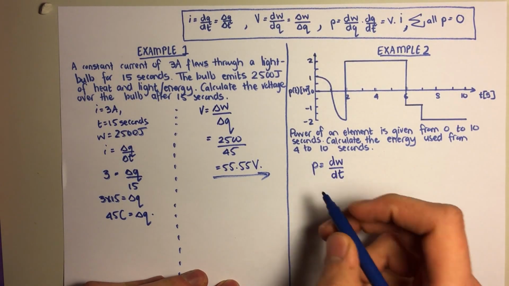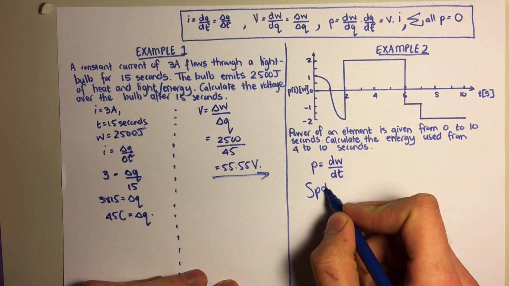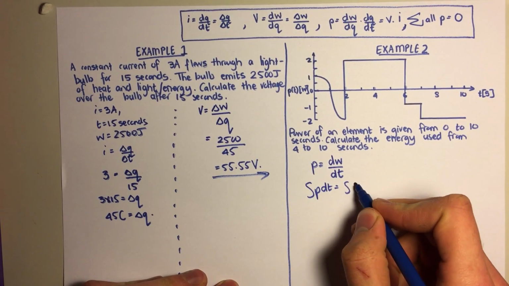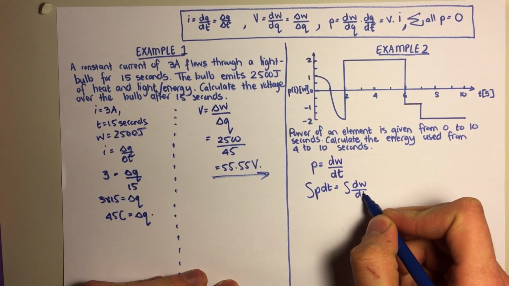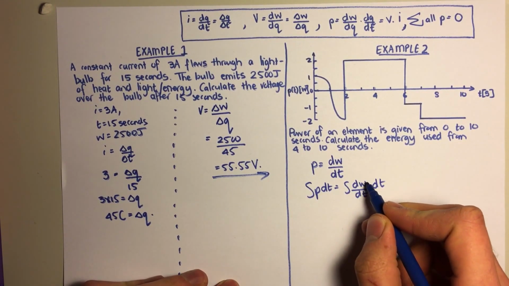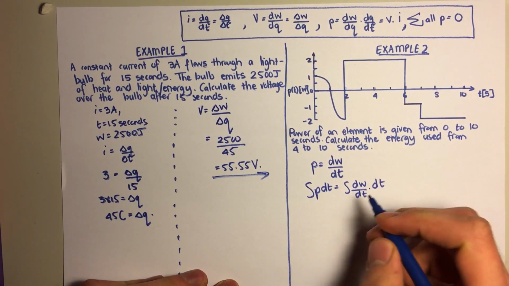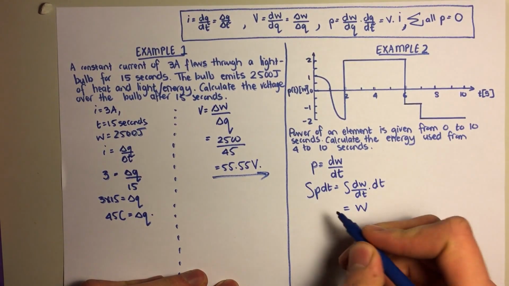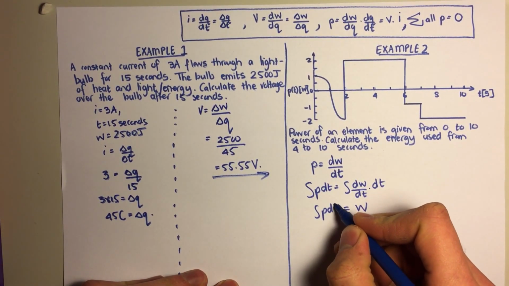We can integrate both sides with respect to time. Then the derivative of this will just be W, because a derivative and an integral cancel, so it will be the integral of the power dt.